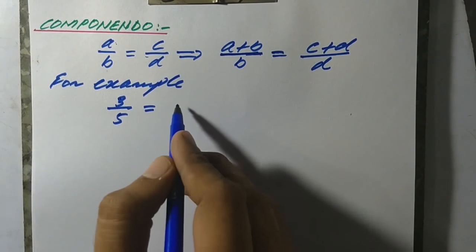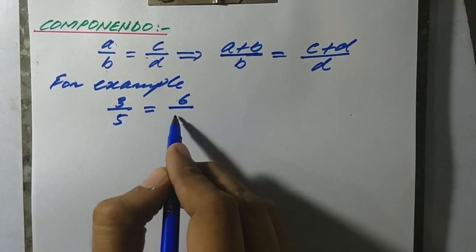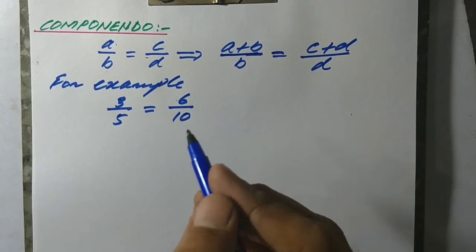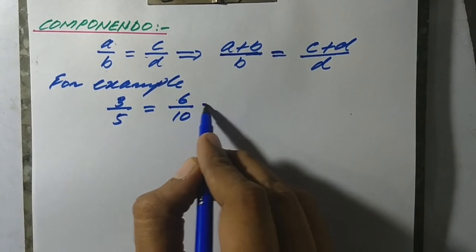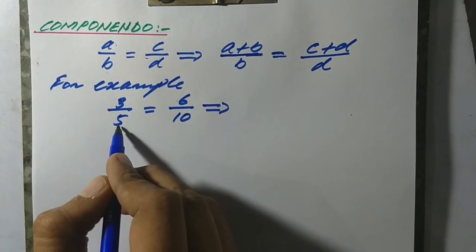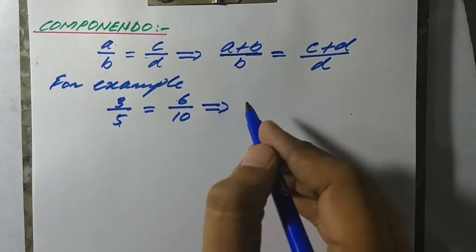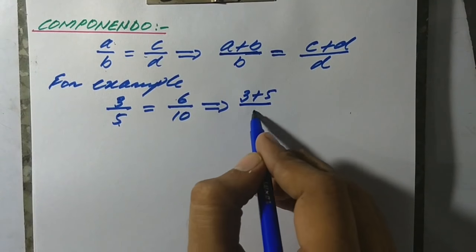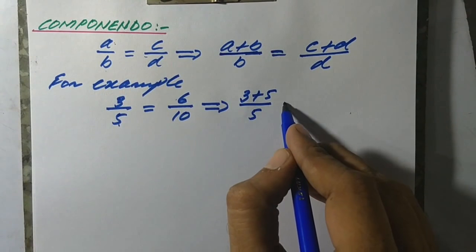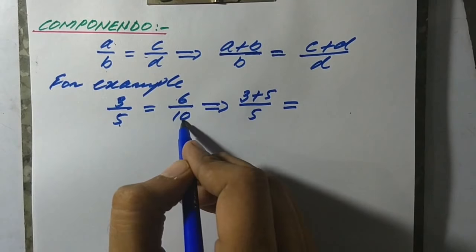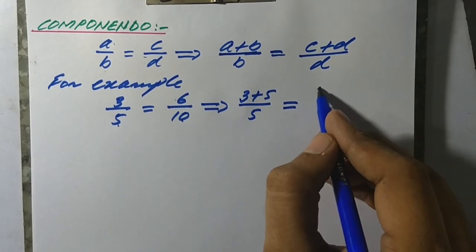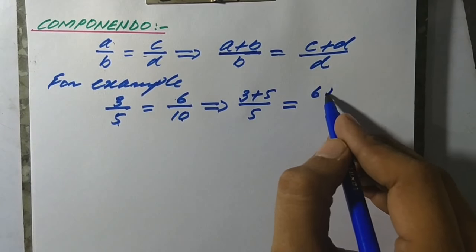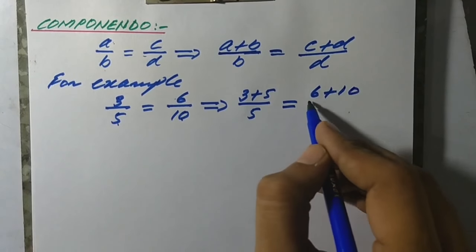For example, 3 upon 5 is equal to 6 upon 10. By componendo, we may add denominators to the numerators on both sides. So 3 plus 5 upon 5 is equal to 6 plus 10 upon 10.